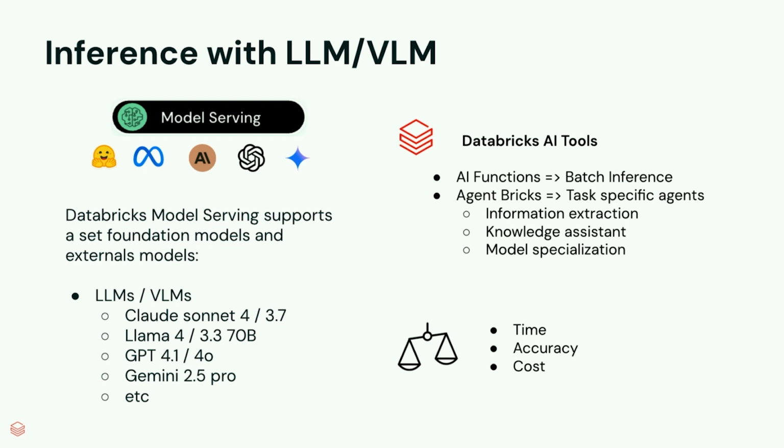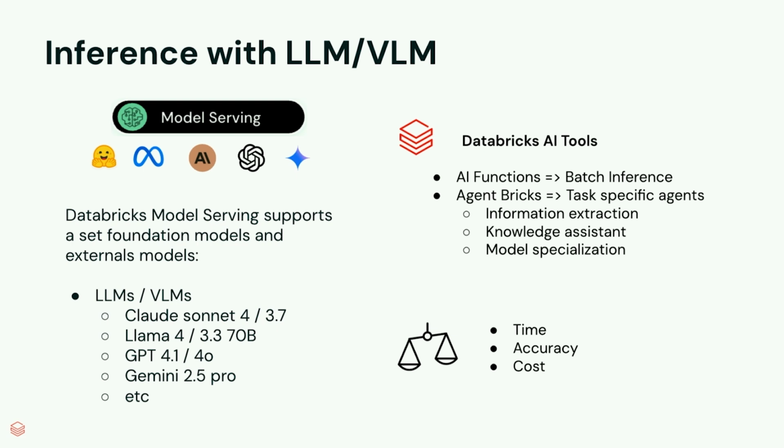That's why Databricks built a set of AI tools. I'm highlighting a couple of really important ones. The first is AI Functions. It's a set of UDF functions in SQL that you can use to talk to an LLM directly, and it allows you to perform very efficient batch inference.